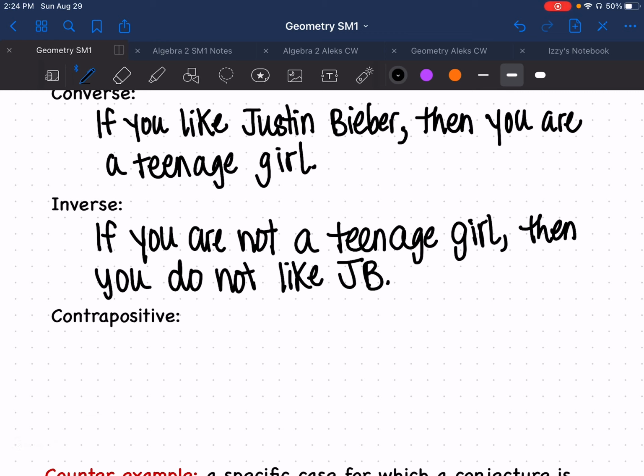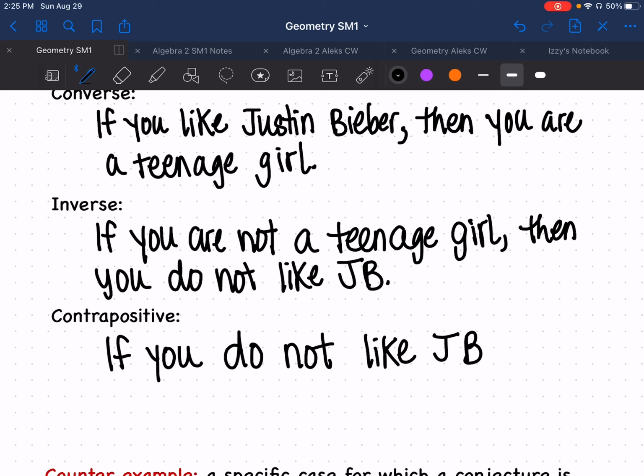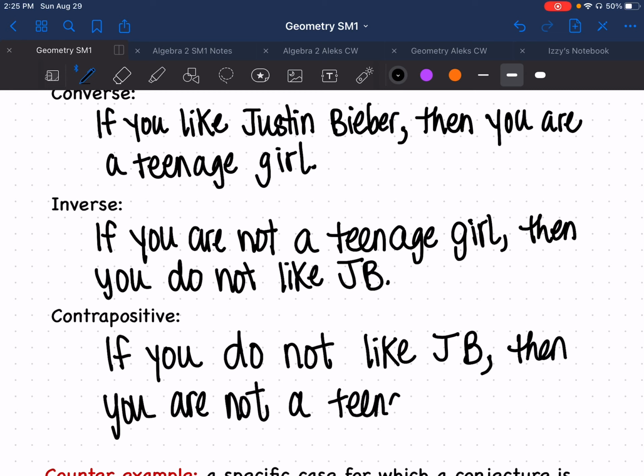Let's do both. We're going to switch them and we're going to add not. So if you do not or don't like Justin Bieber, then you are not or aren't a teenage girl.